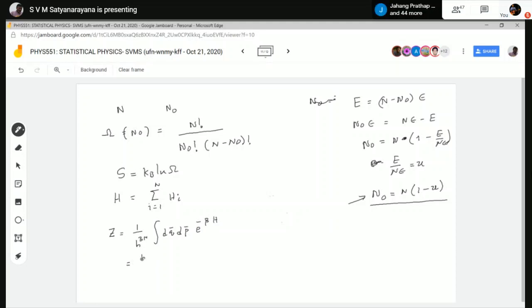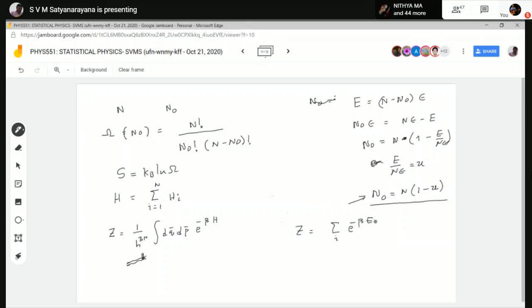Sir, sorry for interrupting. This way I can understand that since there are independent variables, you take its power n. But when we have summations, when the labels are discrete, that is what I want to know. So suppose z is equal to the sum over i of e to the minus beta ei.